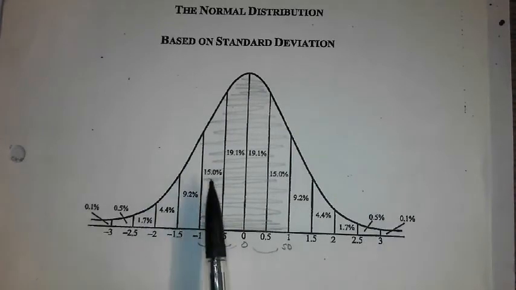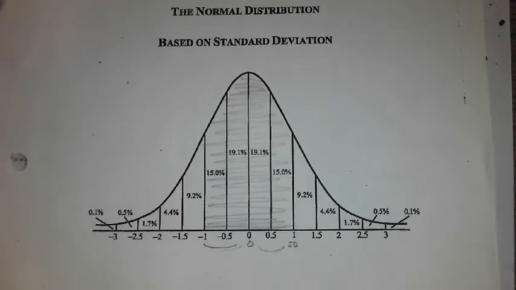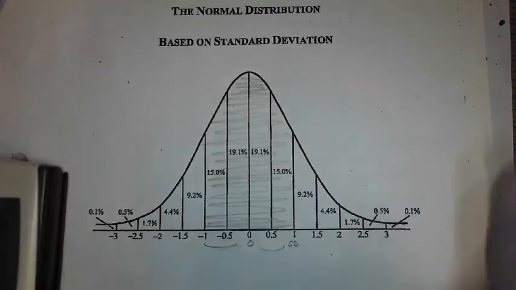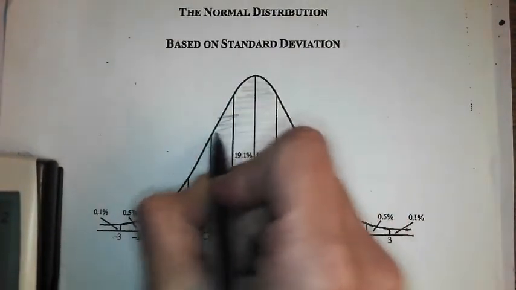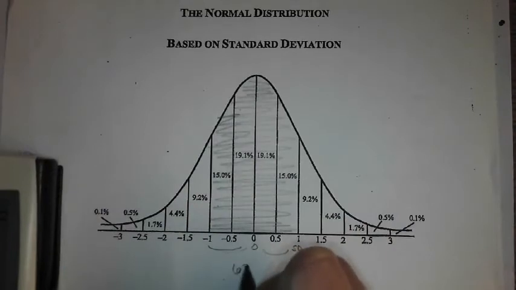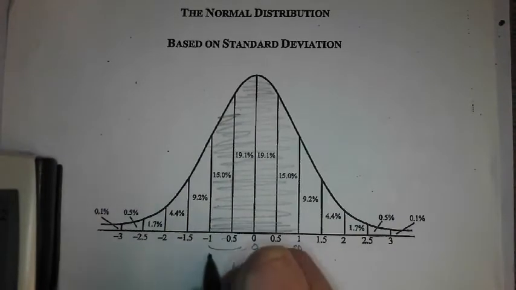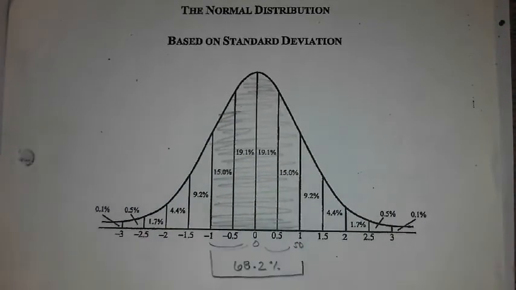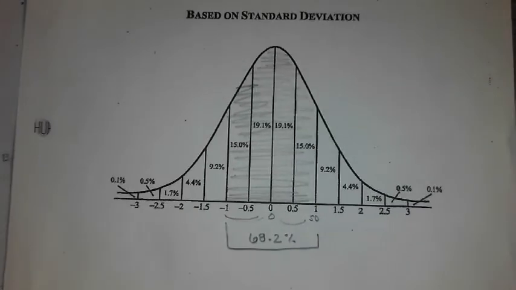Now, if you add up all of these numbers, 15 plus 15 plus 19.1 plus 19.1, it's actually giving us an even more specific 68.2%. One standard deviation above and below.